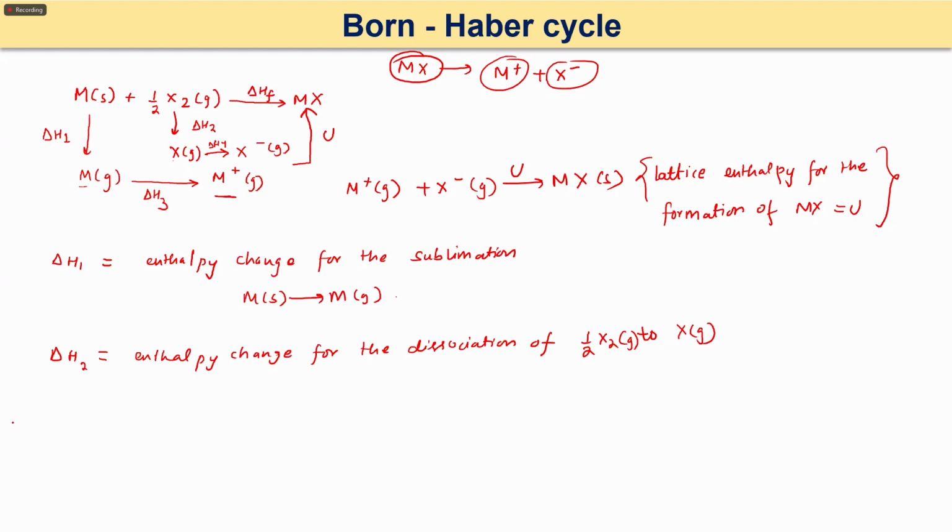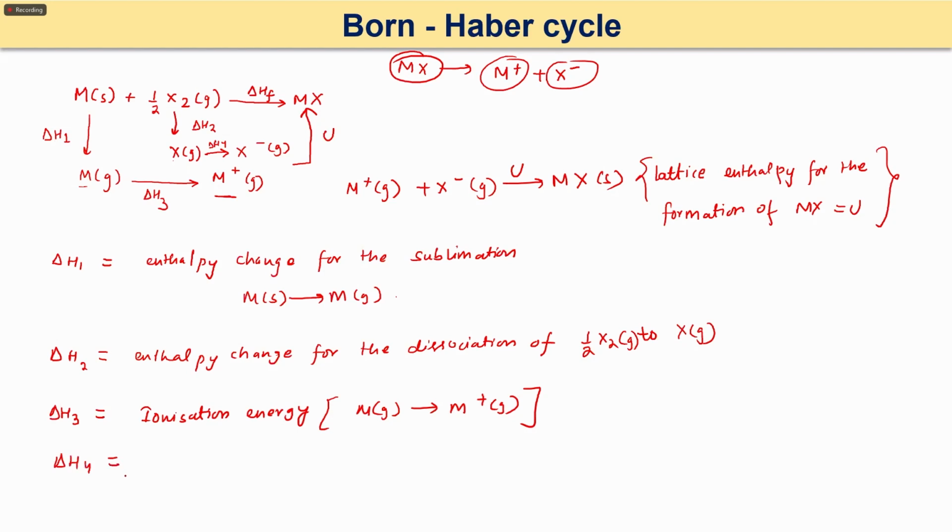after that, what was delta H3? This one, this is ionization energy. Okay, this one is your ionization energy, and what is happening over here? Your M getting converted to M plus. What is delta H4?